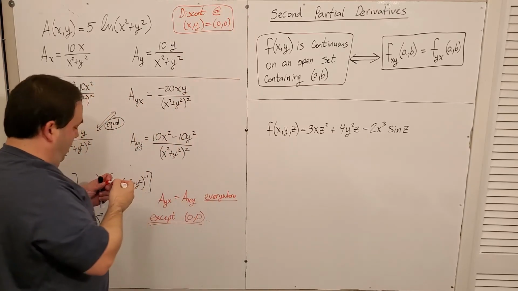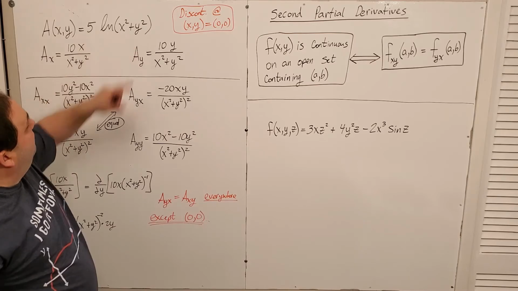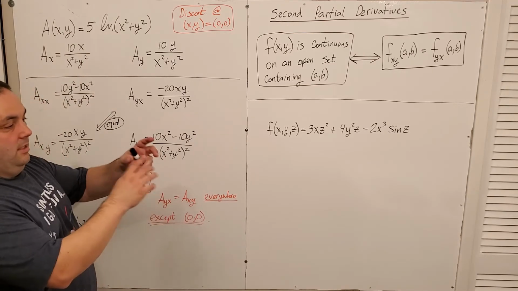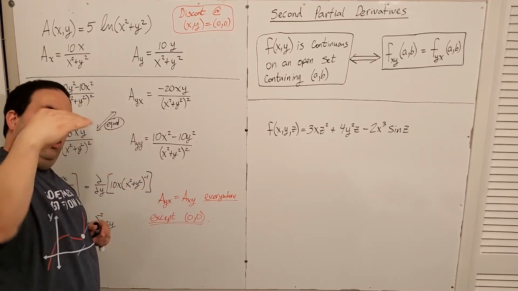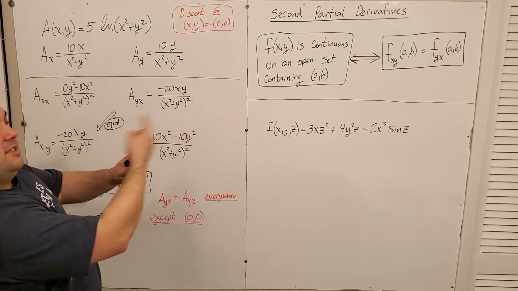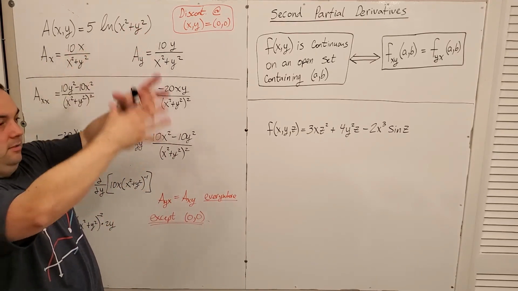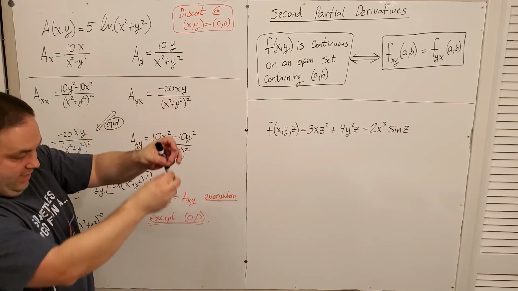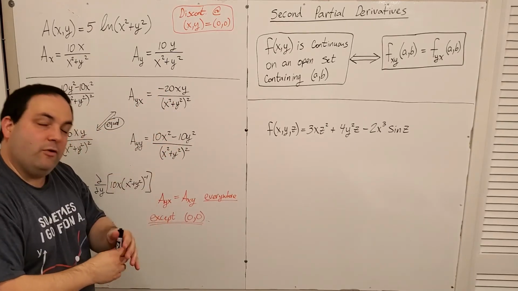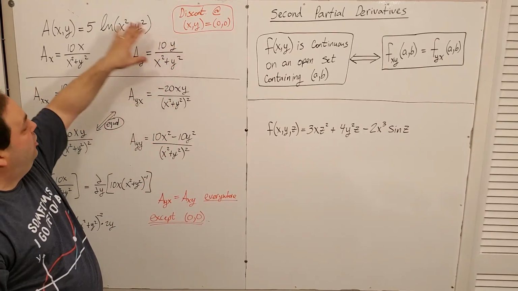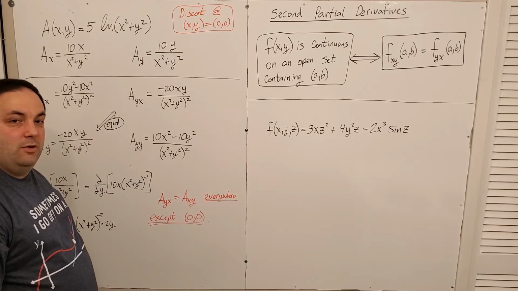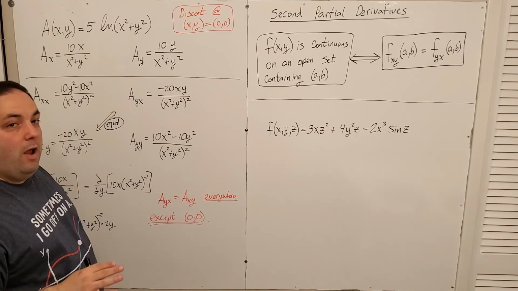This is one of those revolution functions. Remember, the ln of x squared plus y squared is the funnel-looking shape, because you have your logarithm shape and then it's spun around. It looks like a funnel, and it goes infinitely down and never makes it to (0, 0). You have that discontinuity at (0, 0), but it's continuous everywhere else.